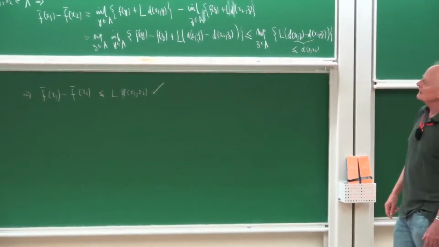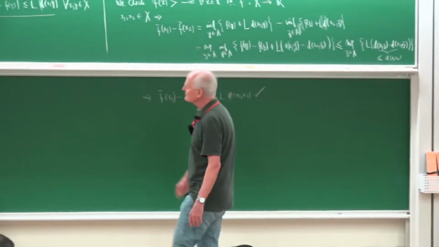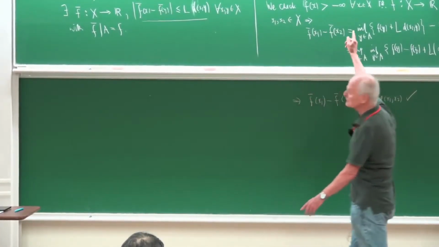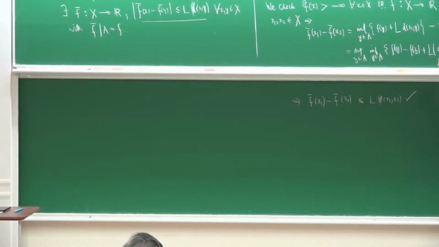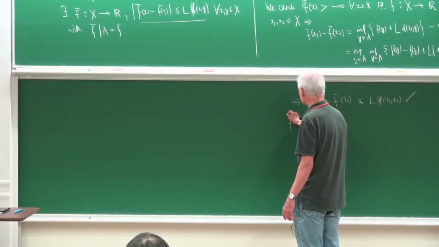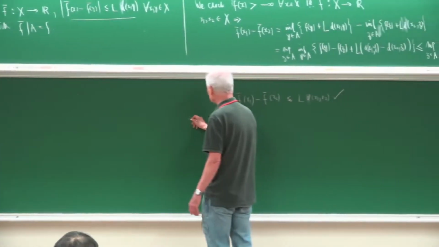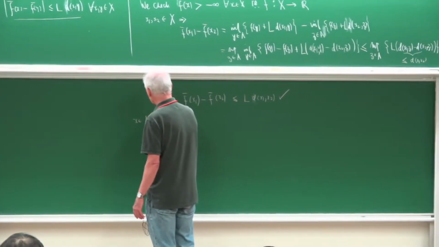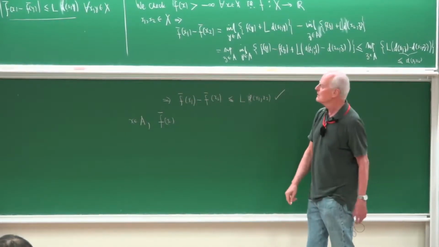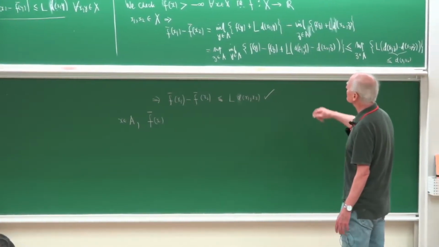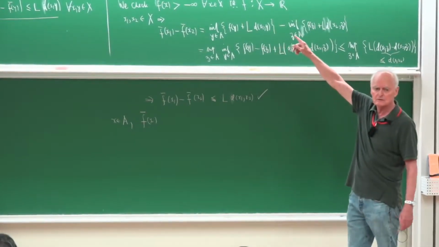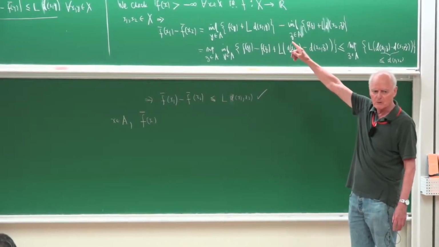And the only thing left to prove is that f bar does agree with f on A. Notice that's not quite obvious from the definition, actually. So we need to check that. So let's check that f bar x does indeed. So take x in the set. And let's look at f bar x in that particular case. Well, if x is in the set, then we can take y equals x in this definition at the top of the board there.